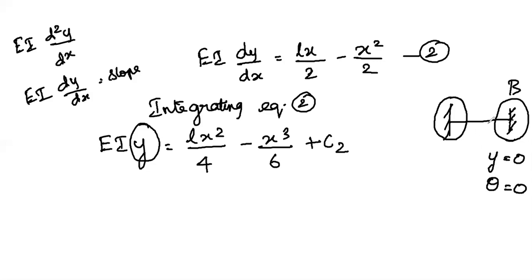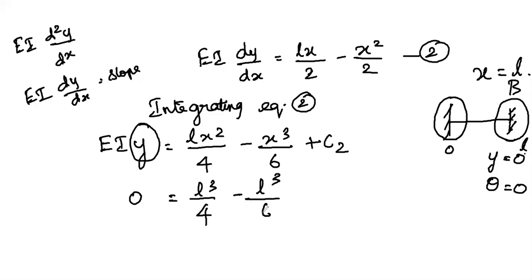So the value of x here will be equal to L. The distance L is starting from here, 0 to L. Am I right? So the value of x here is L. When x equal to L, the deflection equal to 0. I am applying this here. So y equal to 0, the value of x is L, so L cube by 4 minus L cube by 6 plus C2.